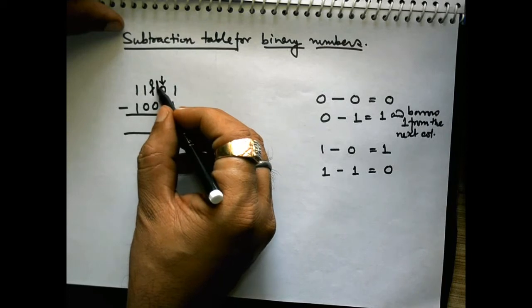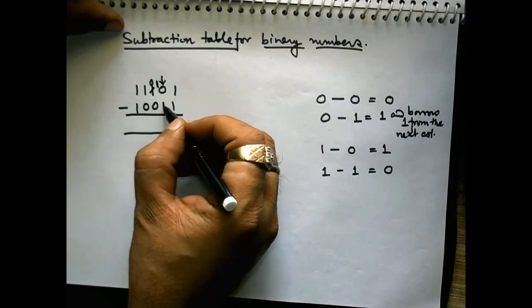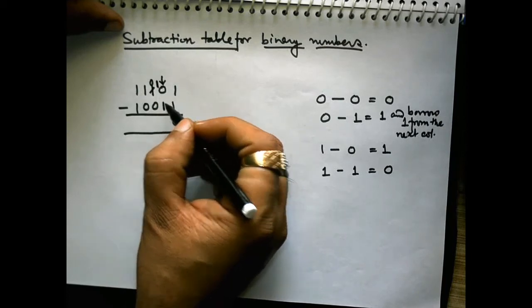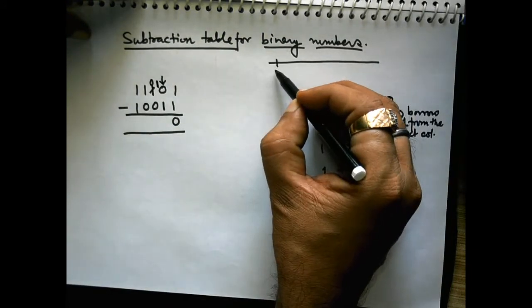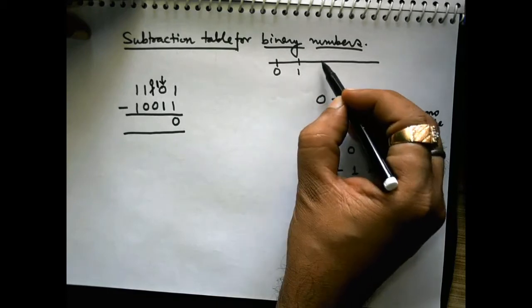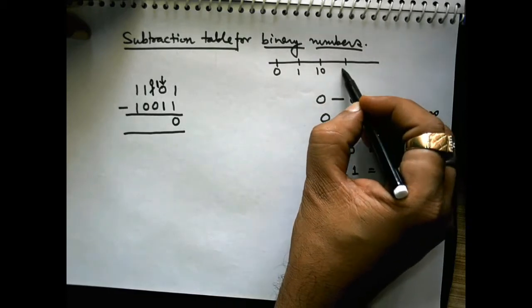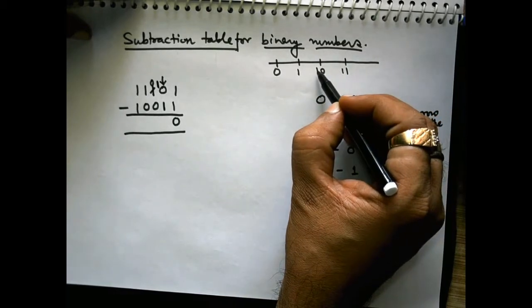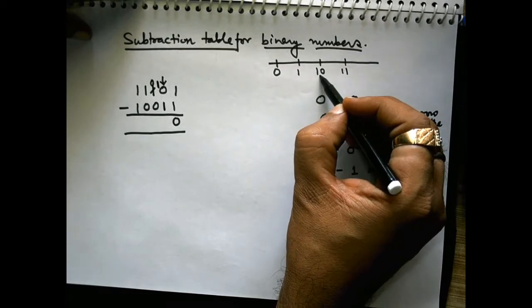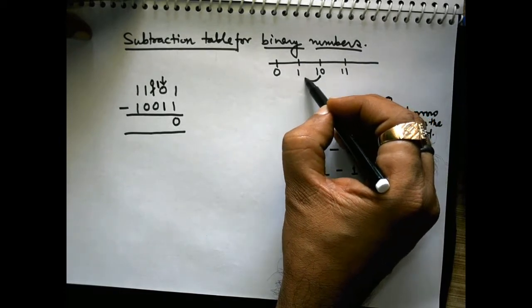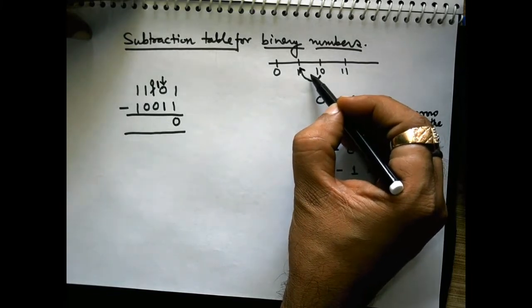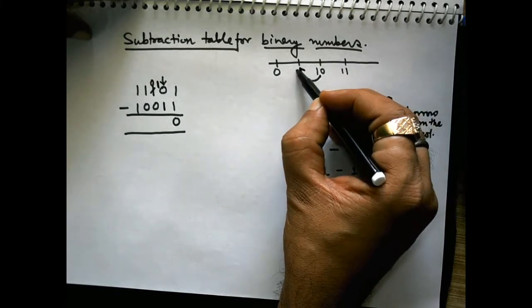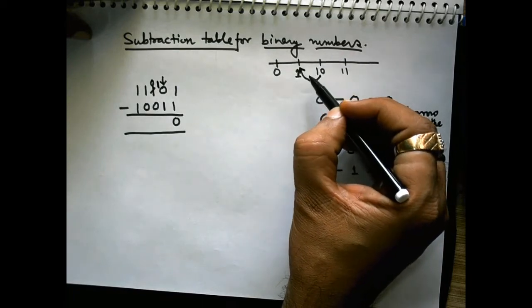So this is now 1 0, and 1 subtracted from 1 0 means, if you look at the situation on the number line, you are at 1 0 and you are subtracting 1 from 1 0, so you are moving in the left hand direction by one step, so you will reach 1.